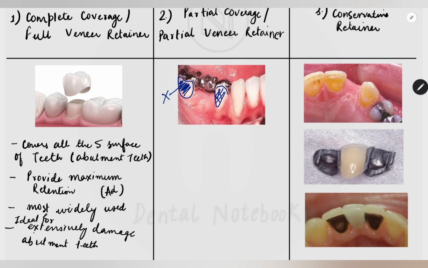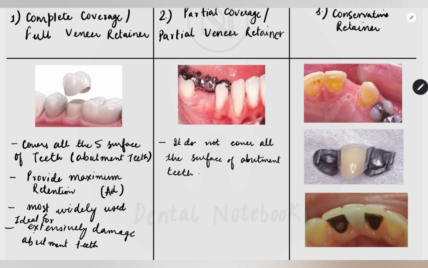So here it does not cover all the surfaces of the abutment teeth, and therefore requires less tooth preparation.